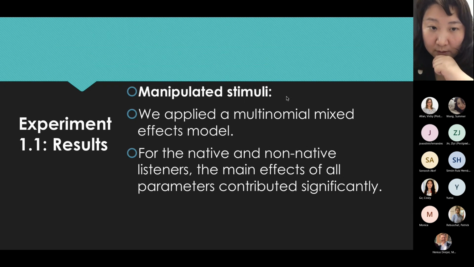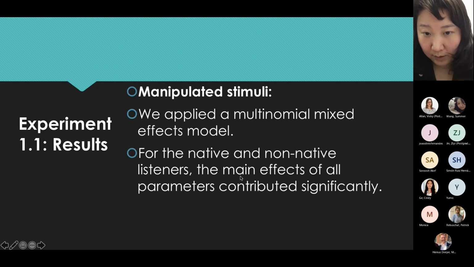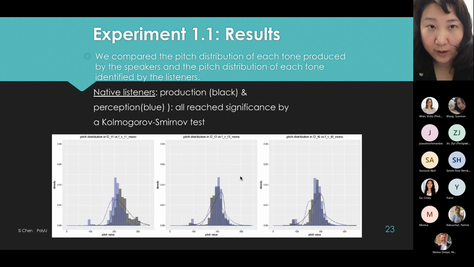And it's not surprising that again the main effects of the parameters contributed significantly for both native and non-native listeners. So they probably do have some kind of parametric representations.